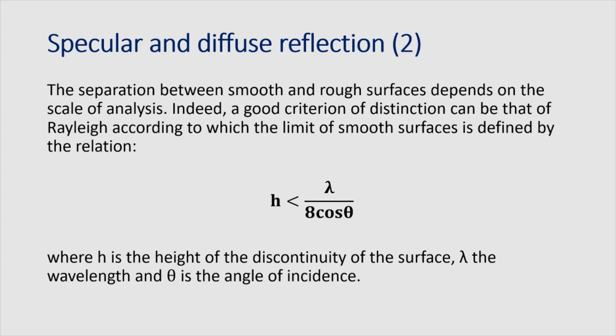So if it's true, that means that, taking into consideration the Rayleigh criterion, whatever surface in the optical window we are acquiring from satellite is of course rough. If it's rough, it will behave like a Lambertian or diffuse surface.